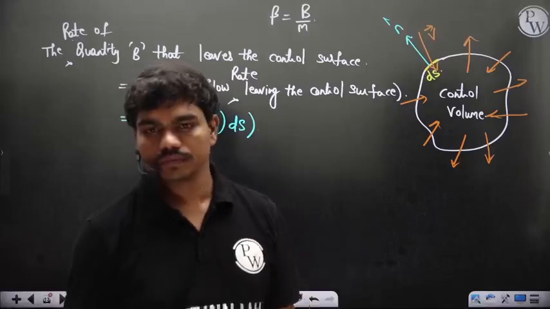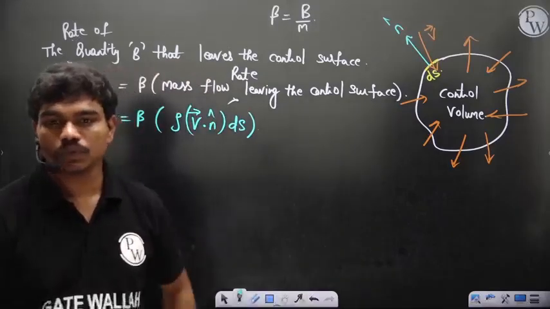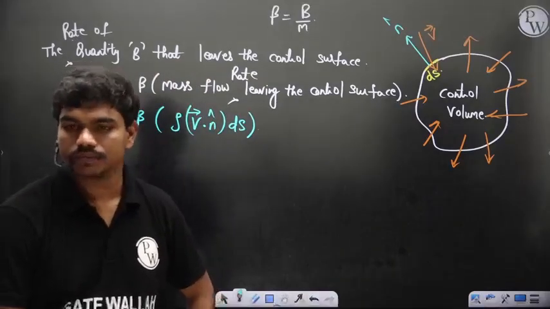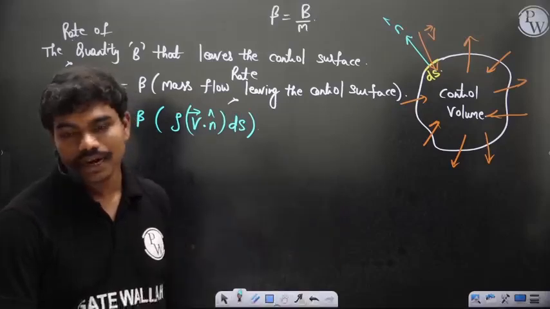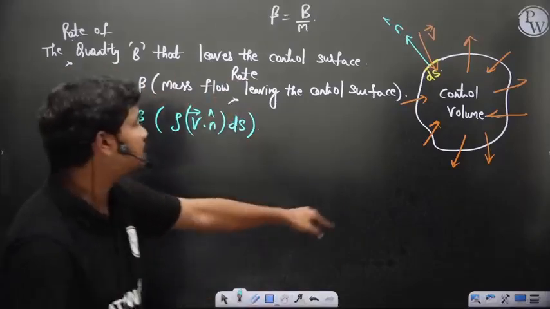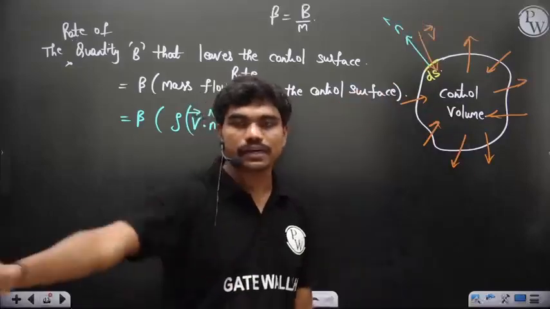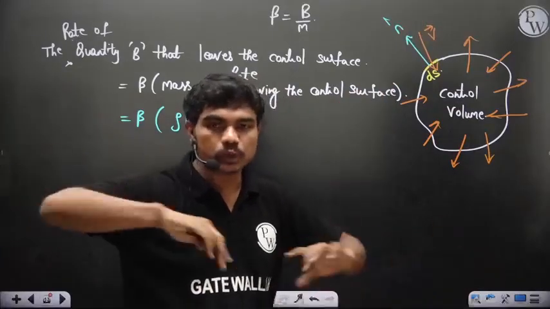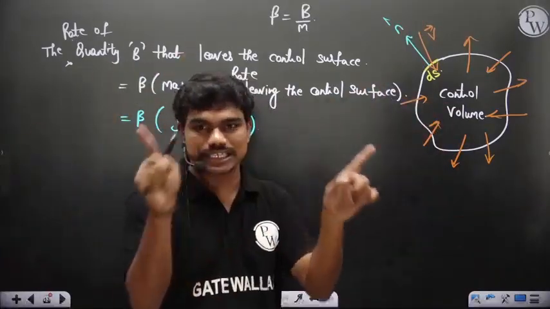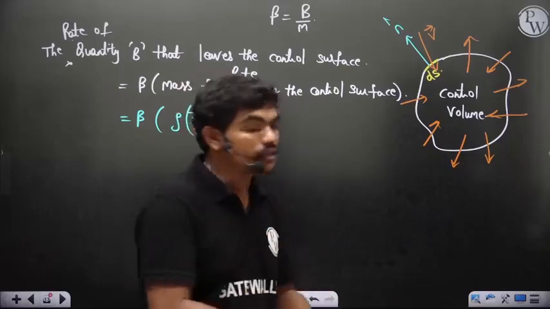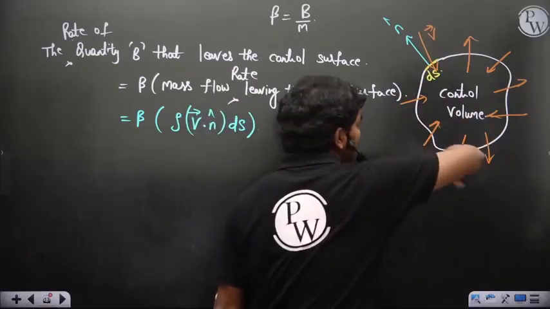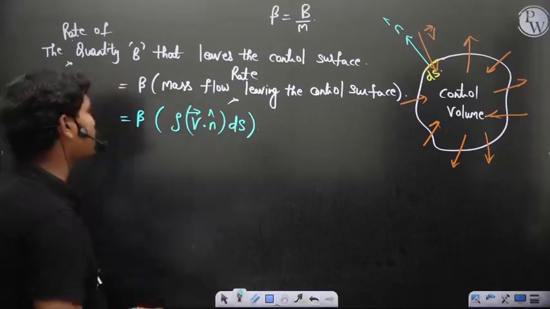Yes or no? Please type in the chat box. Did you all understand? Now this is the quantity B which is leaving through this small surface dS. If I want to calculate the quantity leaving through the total control surface S, then what I have to do?